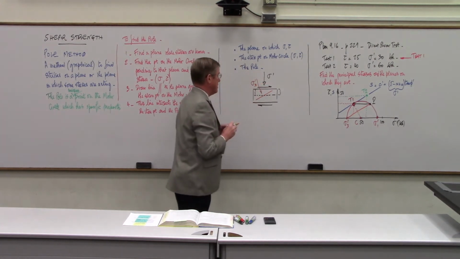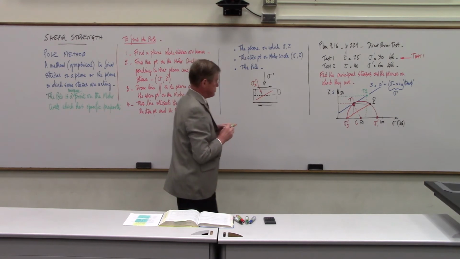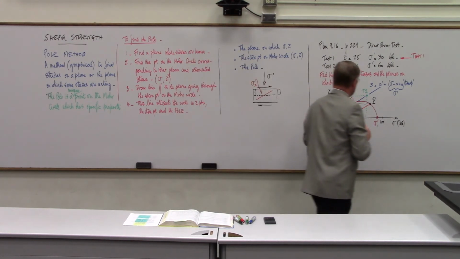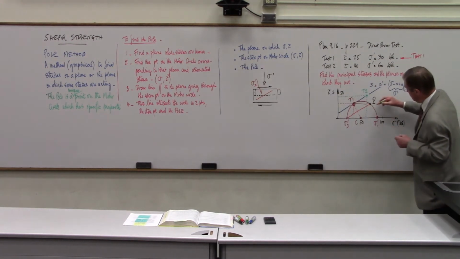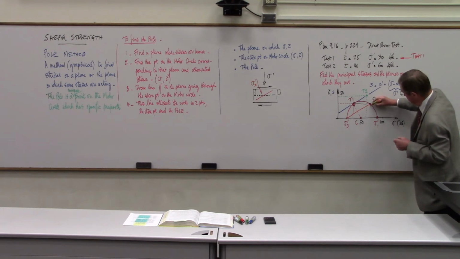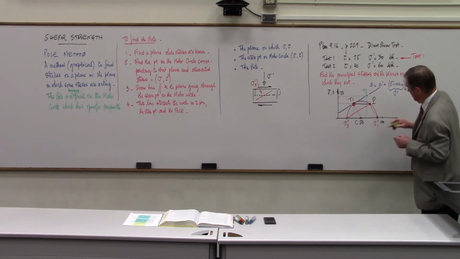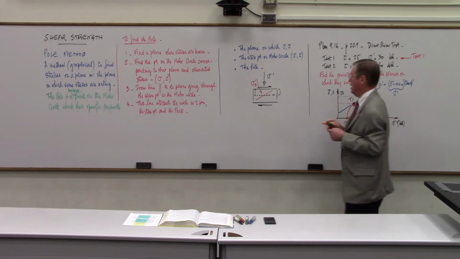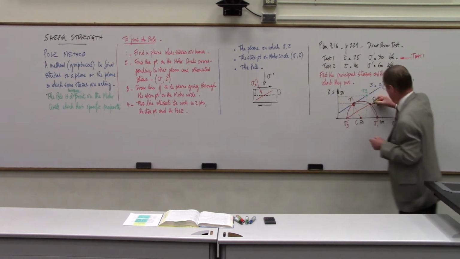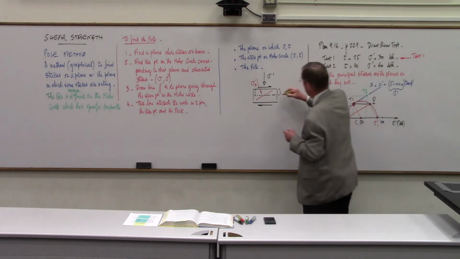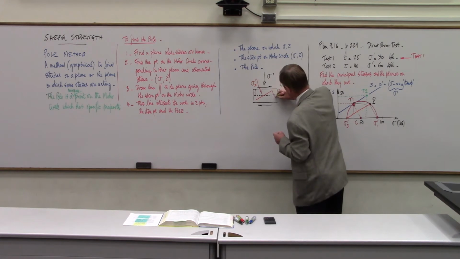So that line right here, which is parallel to this plane, is going to have sigma prime 3 on it. And then, if I want the plane on which sigma prime 1 is acting, we are going to have a line that is parallel to this. So that line is right here.